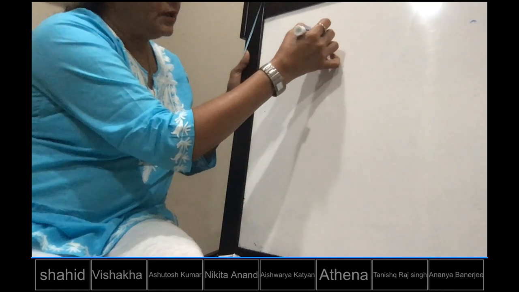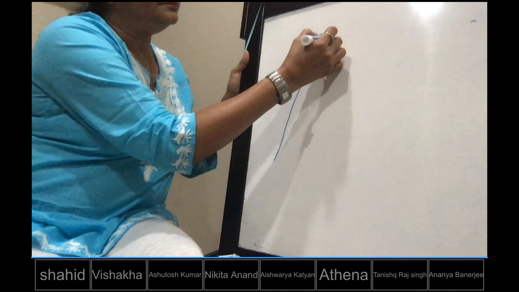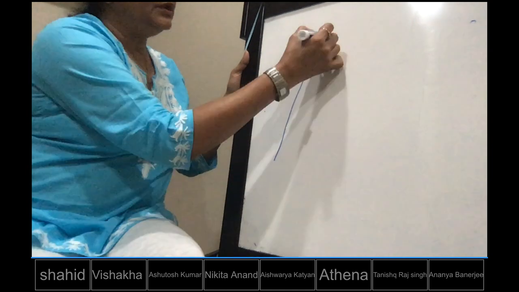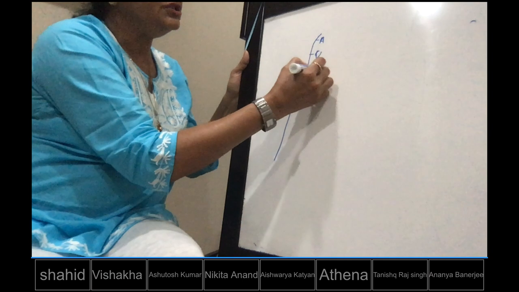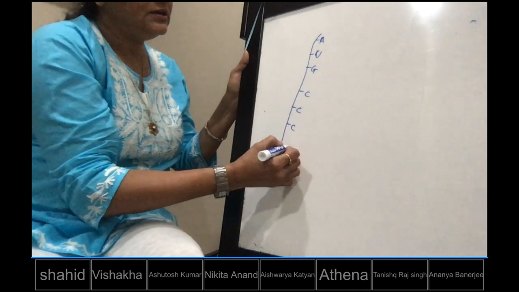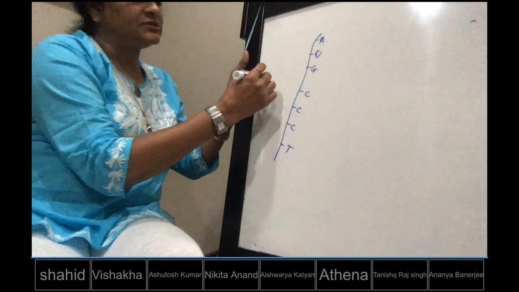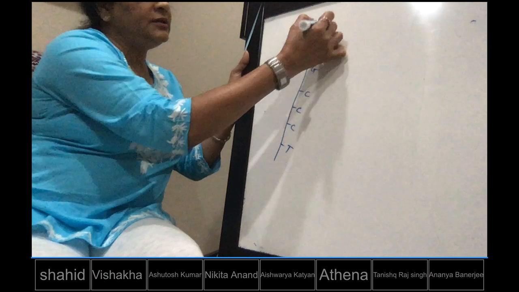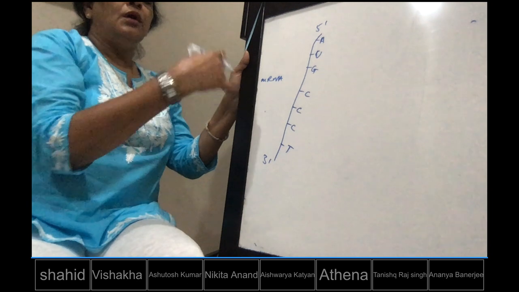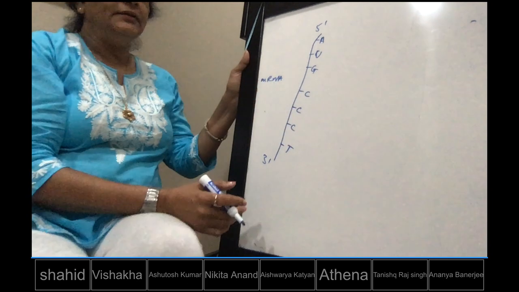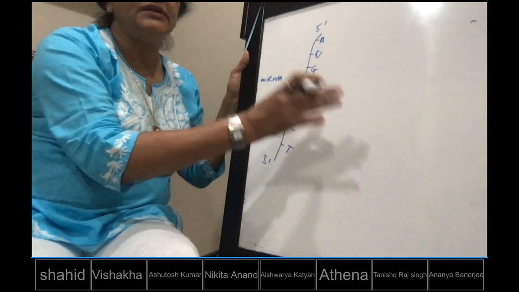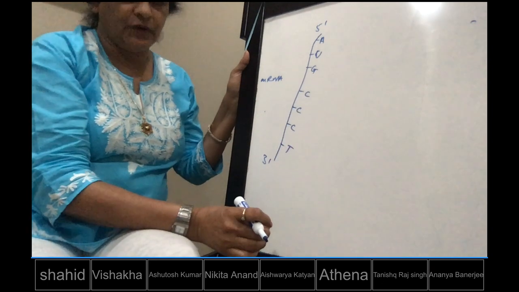So see, this is the mRNA. What did I take? A, U, G, C, C, C, T. Suppose this is the mRNA strand, this is 5 dash, this is 3 dash. Now, how to identify the gene or the DNA? Gene is the word.